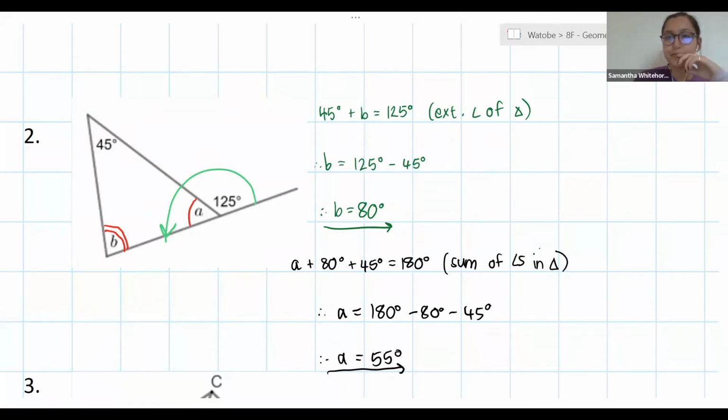Miss, you have a question? Hi. Okay, so angle A. I worked it out as 80 instead of B as 80, so I did the two sums just the other way around. Okay. So did you use exterior angle of a triangle for A? Yes.